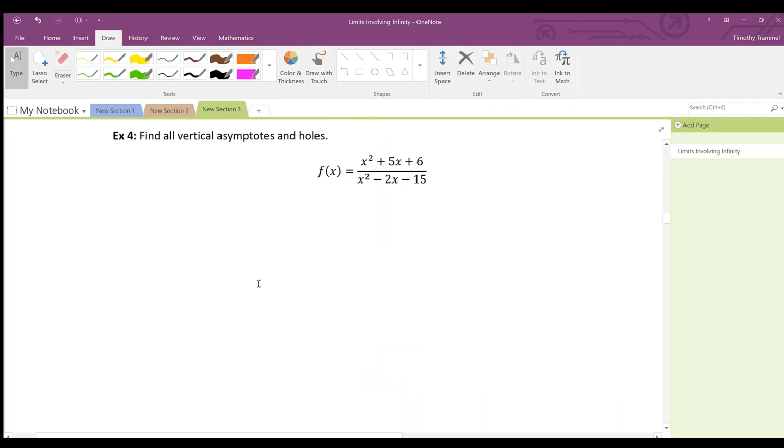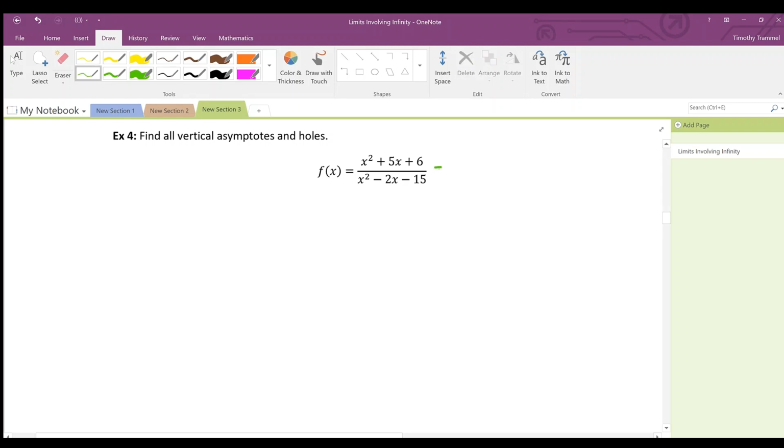All right, on to example 4. We're trying to find all the vertical asymptotes and holes. And so after this example, we're going to be able to figure out how to tell where the holes and the asymptotes are. The first thing that we want to do is factor.